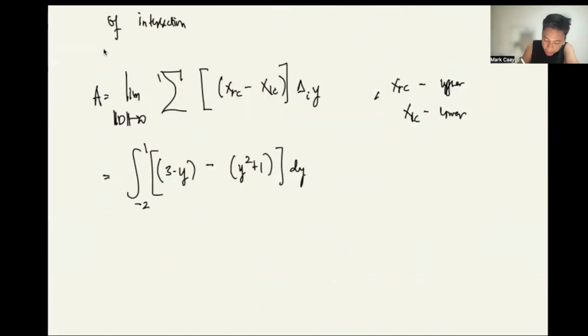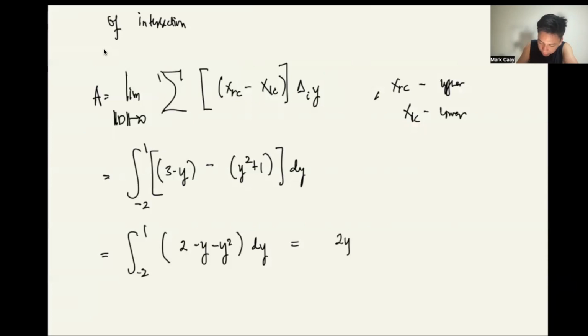So, if that's the case, I can simplify that. So, this is negative 2, 1. I have 2 minus y squared dy. So, di ba this is 2y minus y squared over 2 minus y cubed over 3, evaluated from negative 2 to 1. Sige nga.